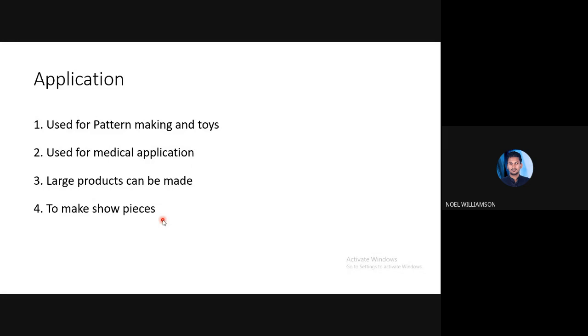Since this is a cheap process involving less cost, we can use it for manufacturing of toys, and here also we can use it for medical applications, implants, etc. Many artificial implants can be made using laminated object manufacturing.